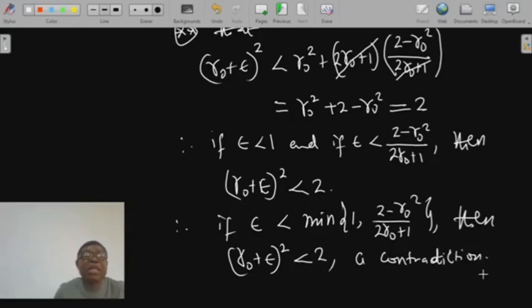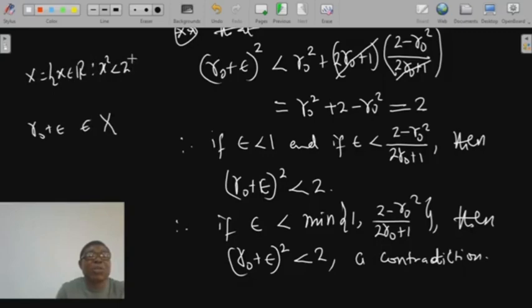Because what this is telling me is that for epsilon that lies between 0 and this entity, gamma naught plus epsilon belongs to X. Remember that X is the collection of all x in R such that x squared is less than 2.